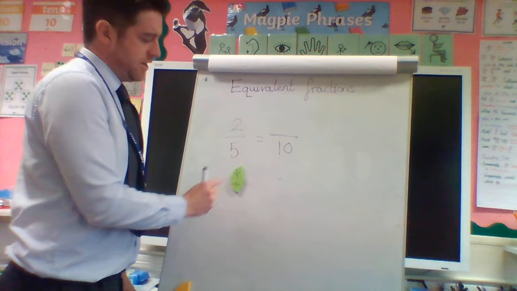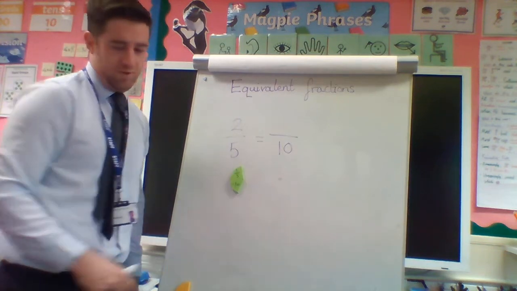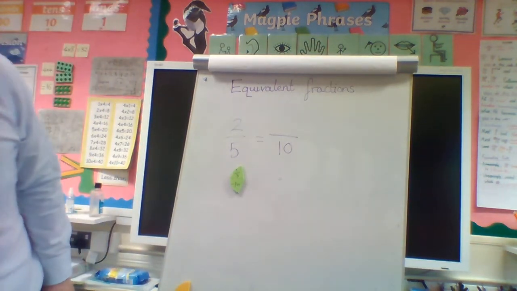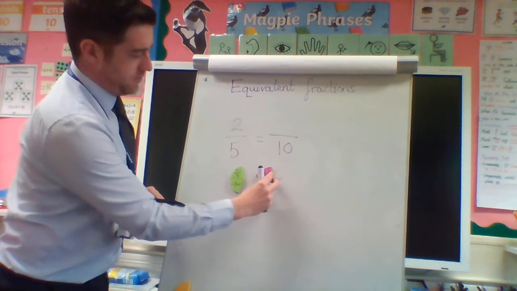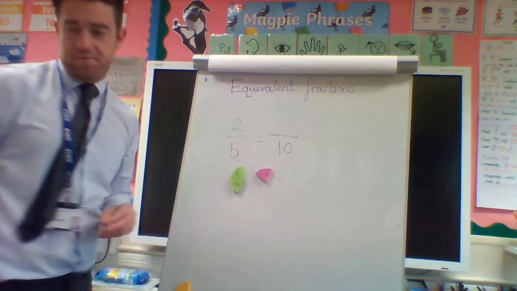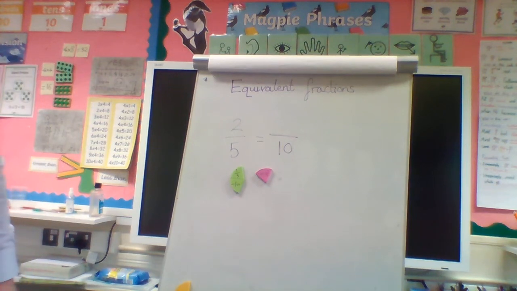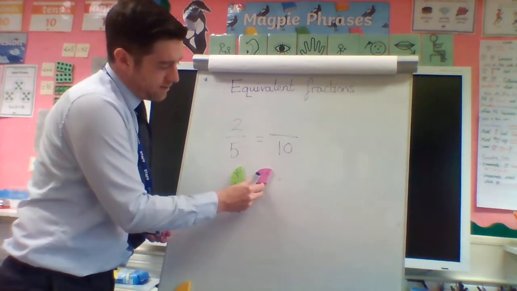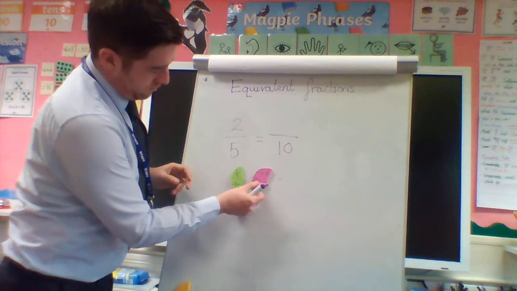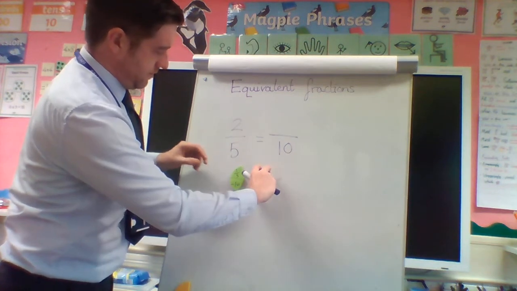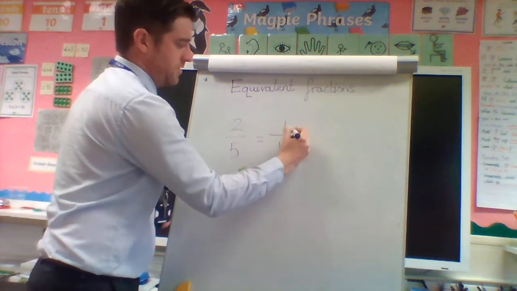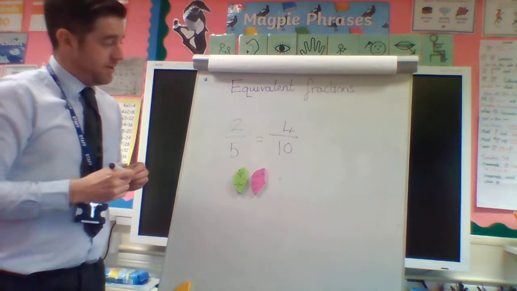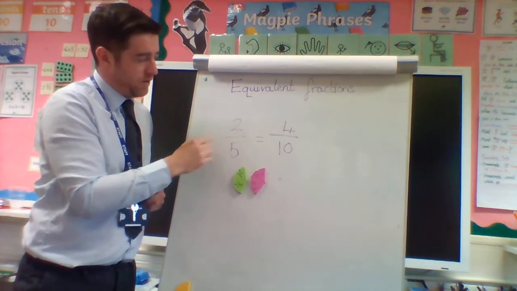So how many tenths will I need to make an equivalent fraction? 1/10. Not enough yet. 2/10. We're getting there. 3/10. 4/10. There we go. So 4/10 is the same, is equal to 2/5.